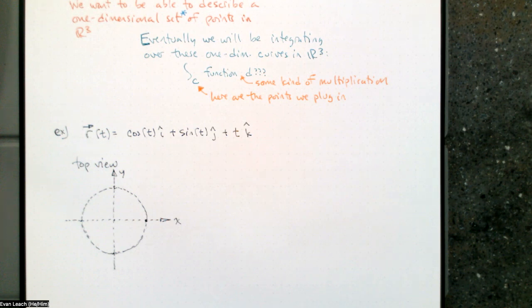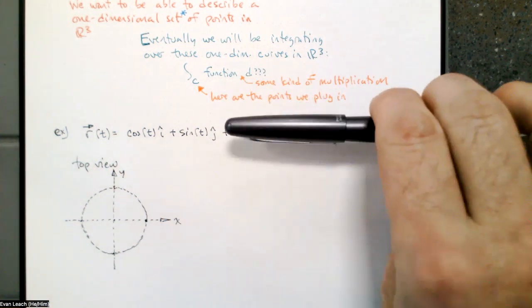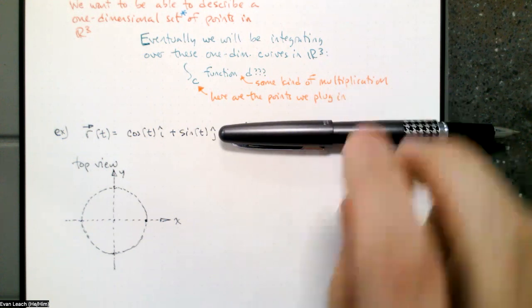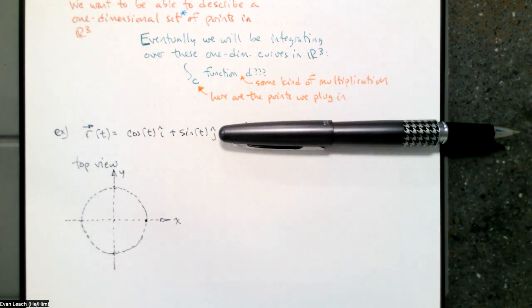That's why I started with this one, because this is the one that we looked at last week when we were reminding ourselves of these parametric equations. This is all we're looking at. From the top view, we can't see what's going on with Z. Z is coming out at us.